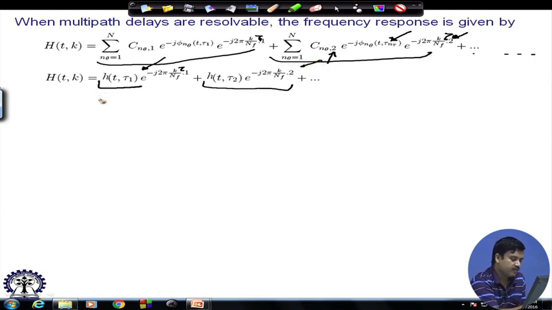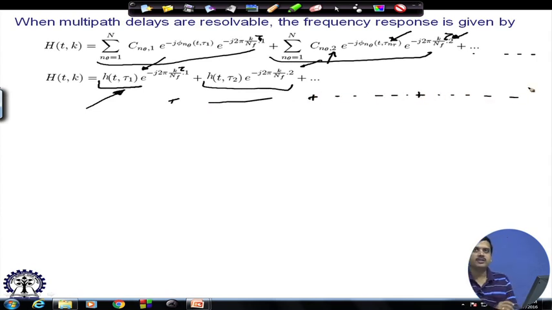Basically, what we have is the Fourier transform of the multipaths of the first resolvable delay, plus that of the second, plus that of the third, plus that of the fourth, and so on. So, what we get as the frequency transfer function is the addition of several impulse responses occurring at different delays, where there is an amplitude factor which we have seen before, and there is a phase factor. In the flat fading case, all had the phase tau cap. What we are writing over here is that all the paths with delay tau 1 are associated here, all the paths with delay tau 2 are associated here, and so on.